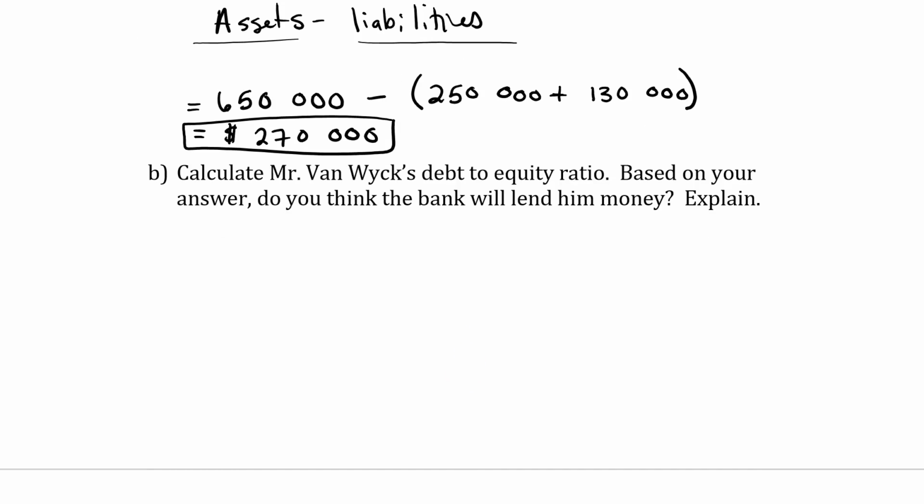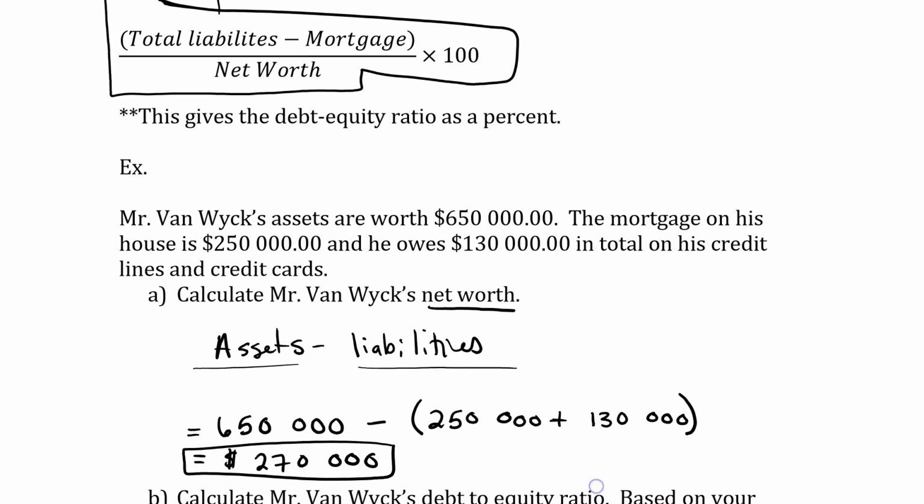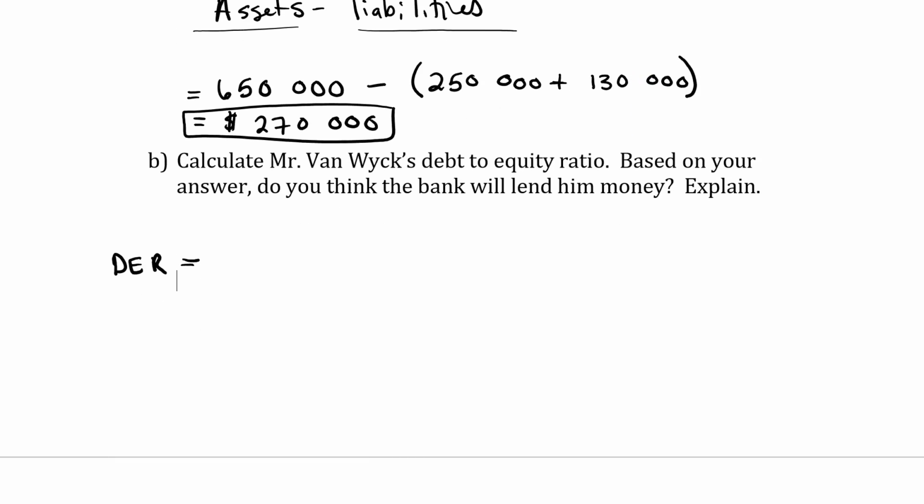Calculate Mr. Van Weck's debt equity ratio. Based on your answer, do you think the bank will lend him money? So the debt equity ratio is his total liabilities minus his mortgage divided by his net worth. I'm going to overkill this a little bit.